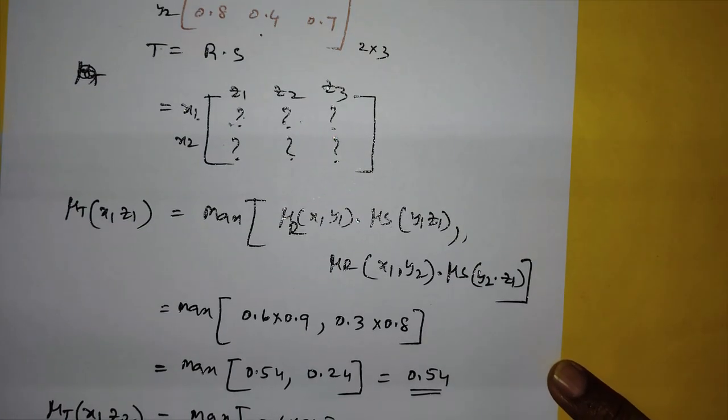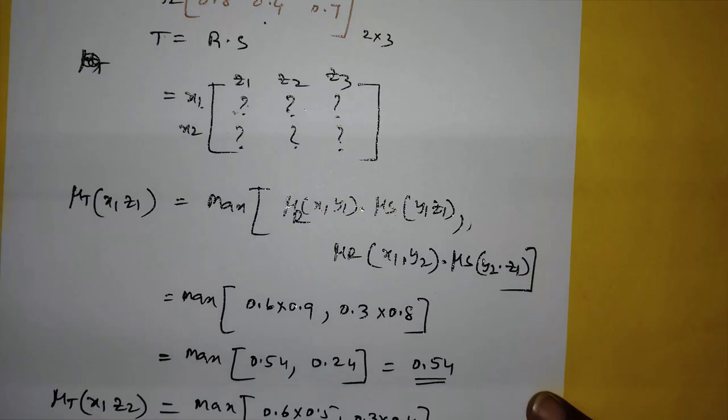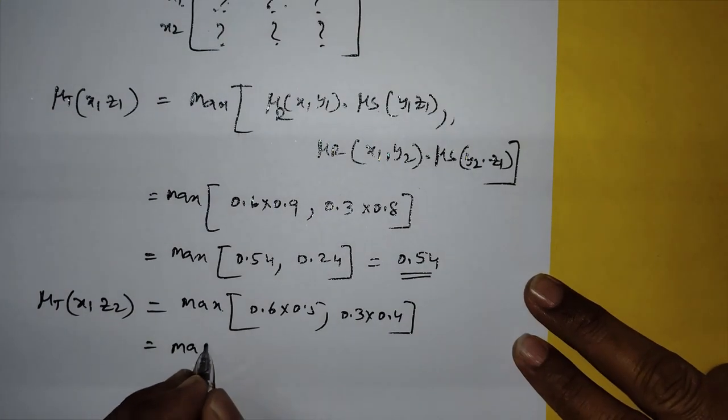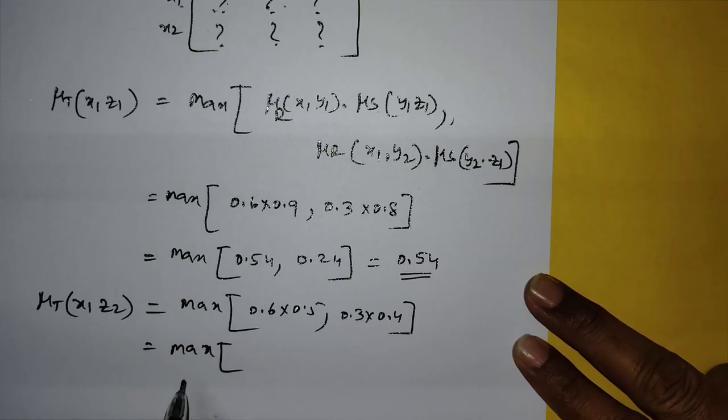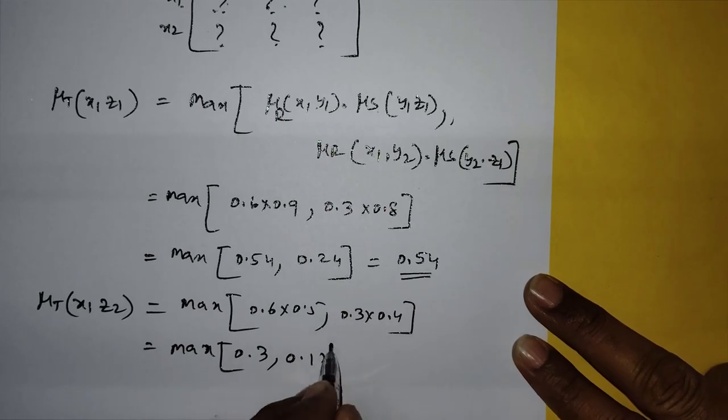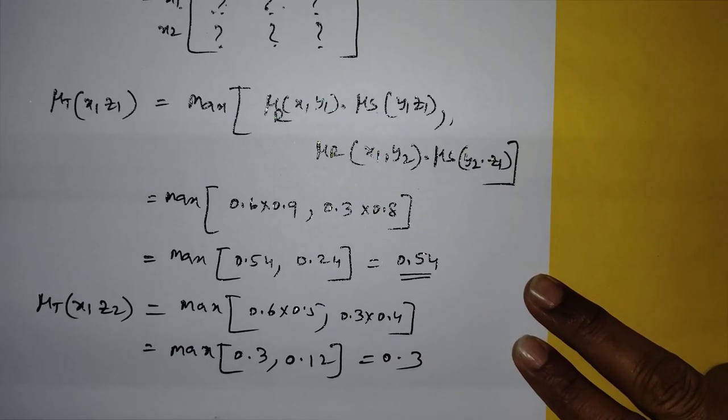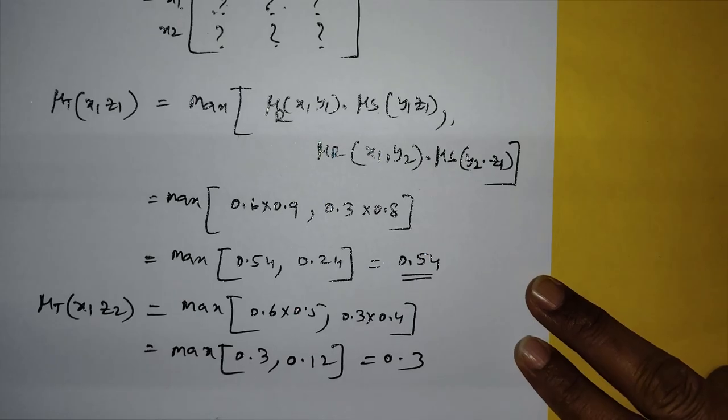What is the maximum of these values? Maximum of 0.6 into 0.5, that is 0.3, and 0.3 into 0.4, that is 0.12. The maximum value is 0.3.